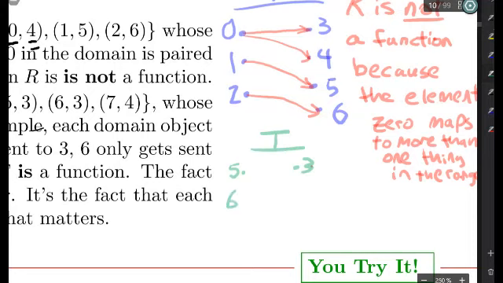And 6 in the domain maps to also 3. And 7 in the domain maps to 4. So 5 maps to 3, 6 maps to 3, 7 maps to 4.